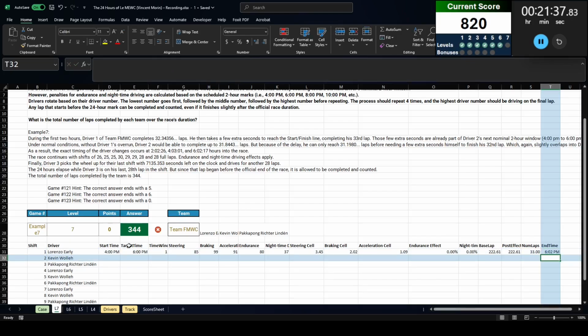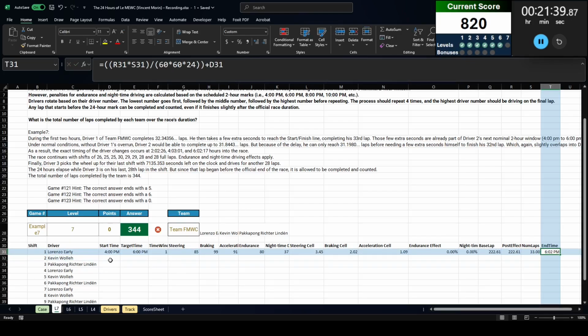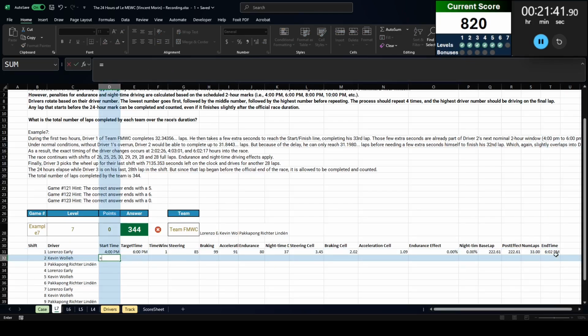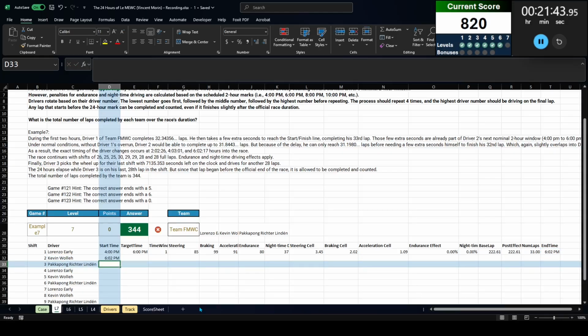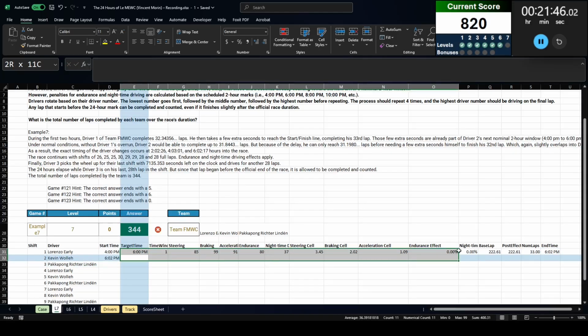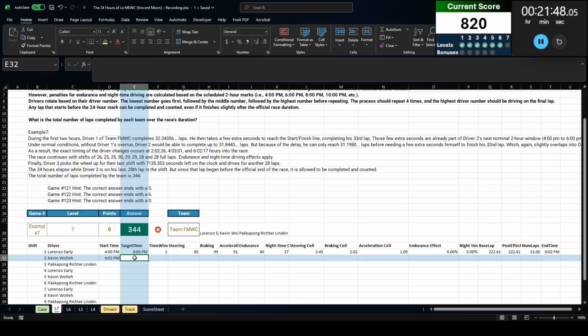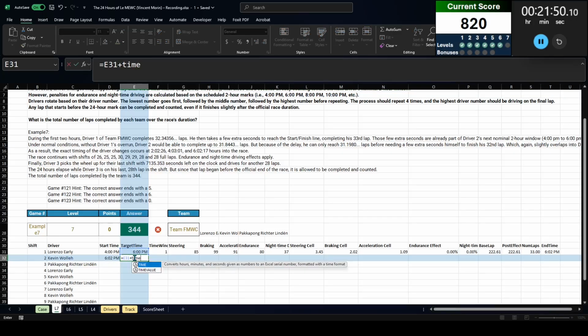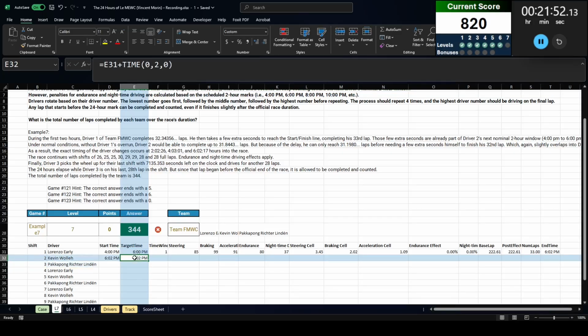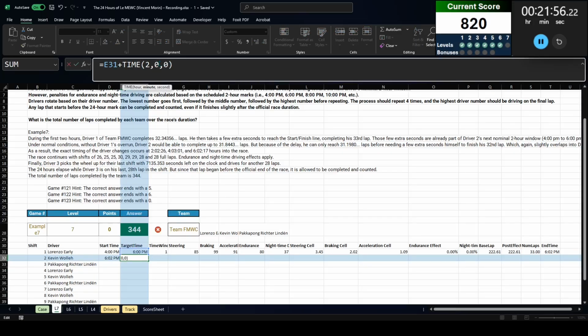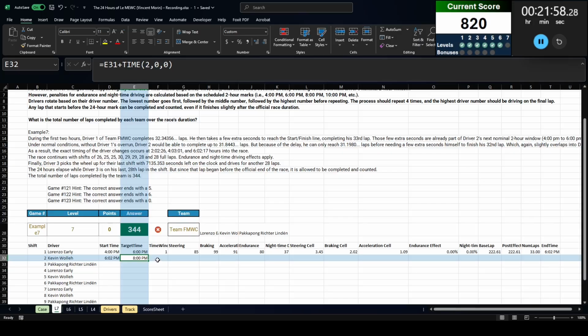Plus the start time. So 6:02 p.m. Good. And then the next driver is going to start at 6:02 p.m. I think everything else should work. Target time. So that's going to be this plus time, 2 hours, or 2 minutes because I forgot I didn't do that right again. All right.